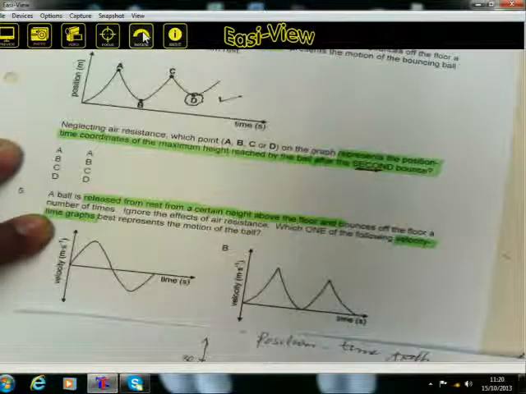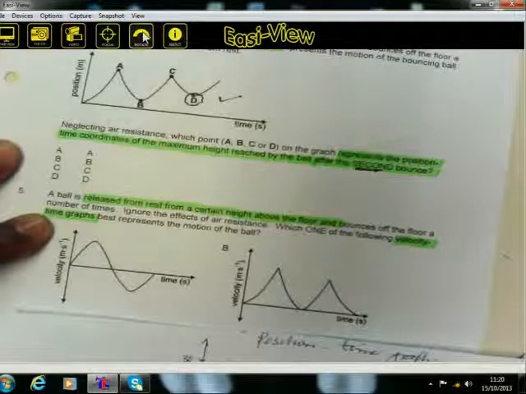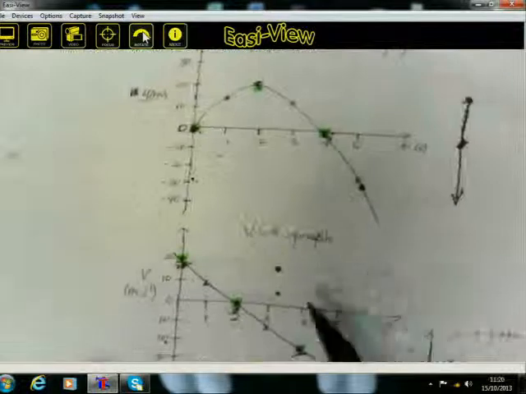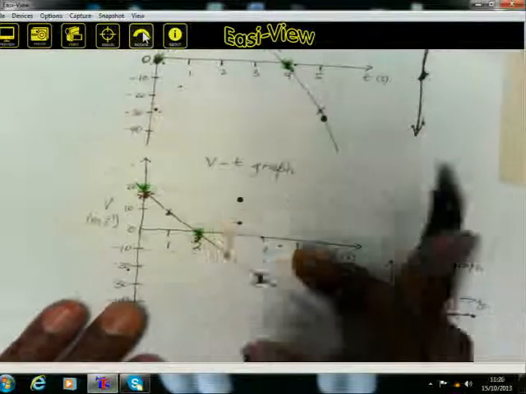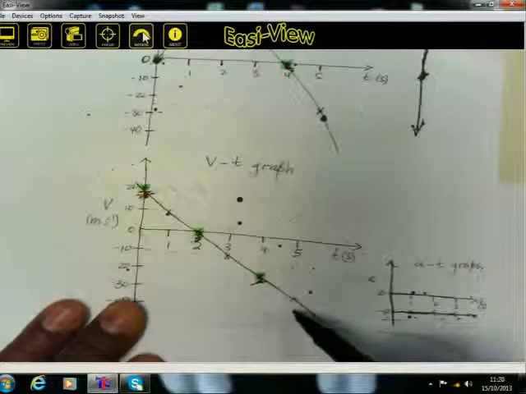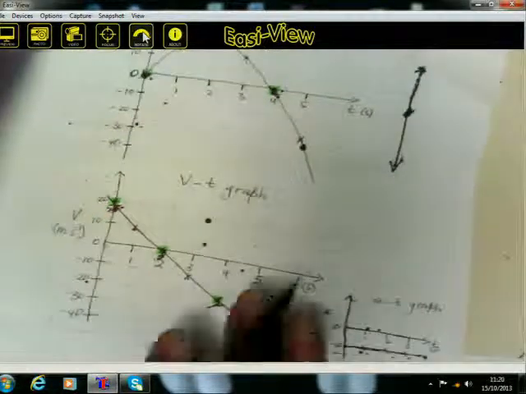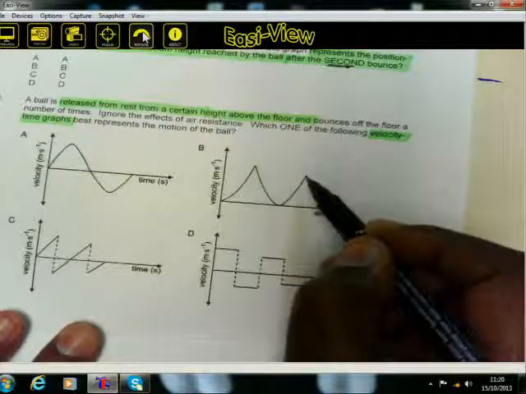For an object that is accelerating, the velocity time graph becomes a straight line. So since it is a straight line, we can very quickly look at the fact that these two graphs do not give us straight lines.